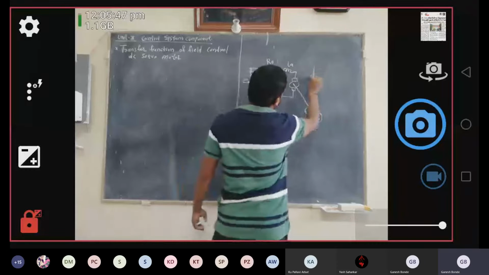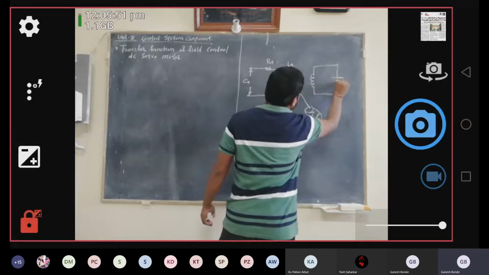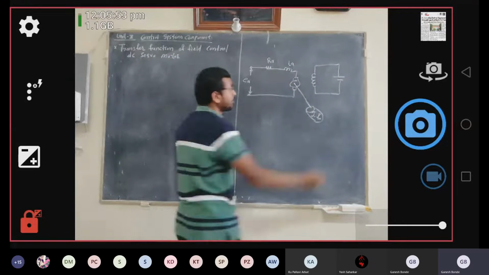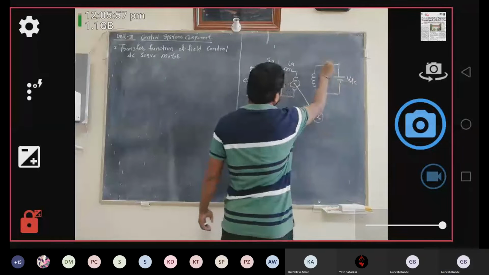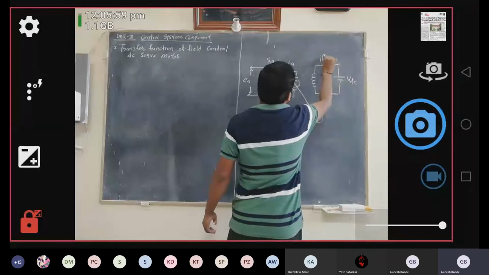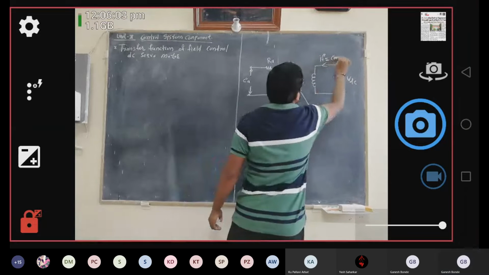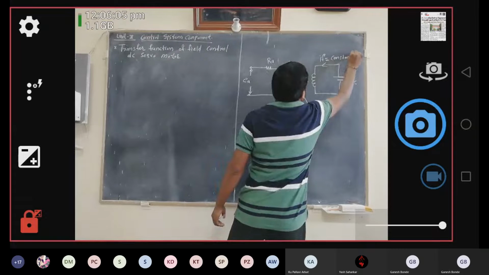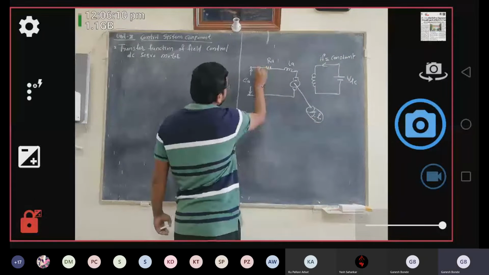Then as it is armature control, we are keeping the field quantity constant. So your field winding is supplied with a constant voltage source, that is VDC. Therefore, the current through the field winding IF remains constant. Okay. Then let's say the current flowing in the field winding is IF.